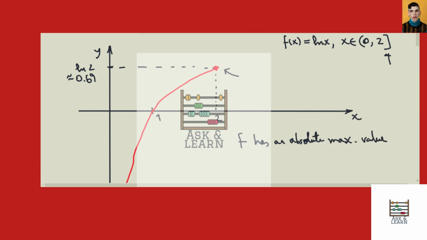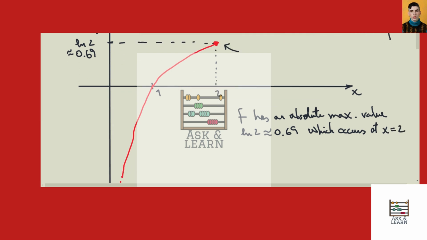That value is natural logarithm of 2, which is approximately equal to 0.69. And that value occurs at x equal 2, that is at the right-hand point of the interval, which is included in this case.